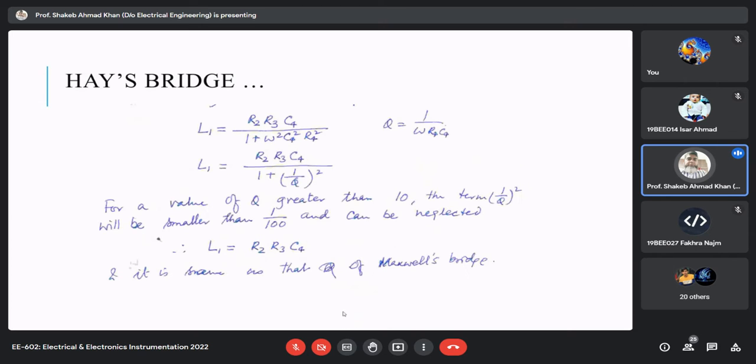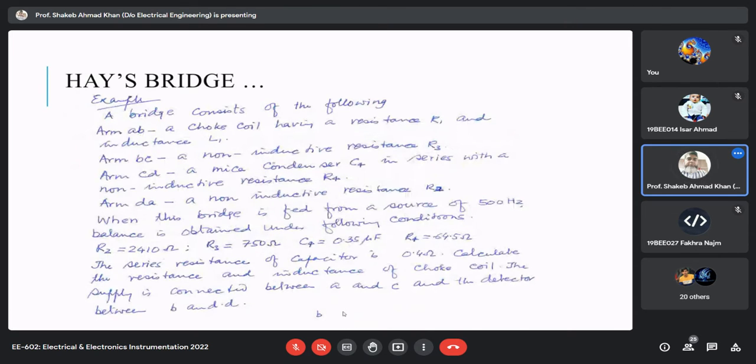So now in this problem, first of all, after drawing the bridge diagram and deriving the balance equation, you should decide whether we can have an approximate balance equation or the exact balance equation. This will be decided by calculating the quality factor of the coil.